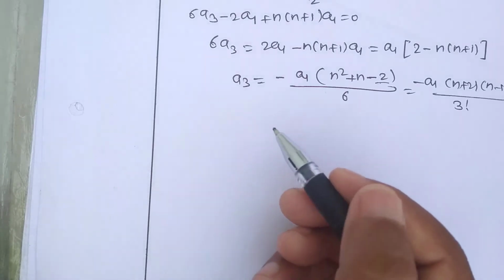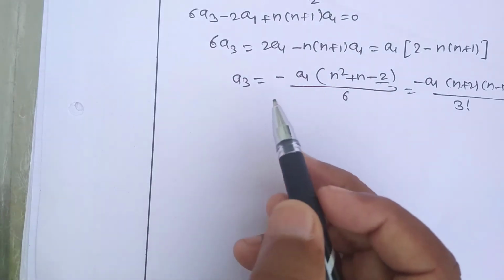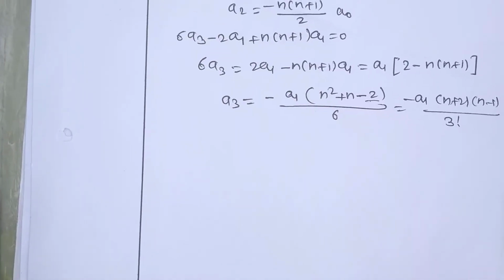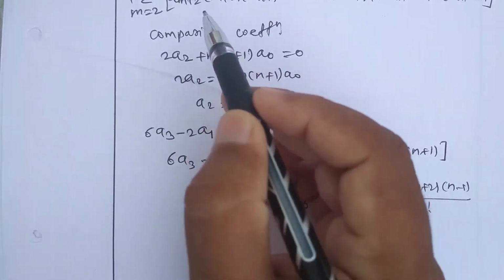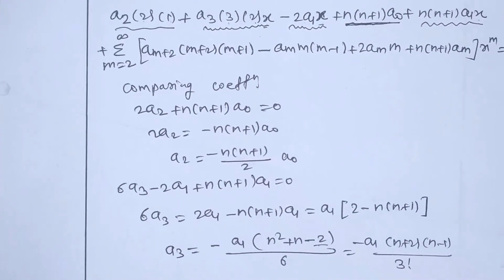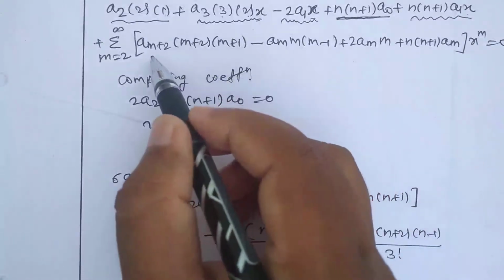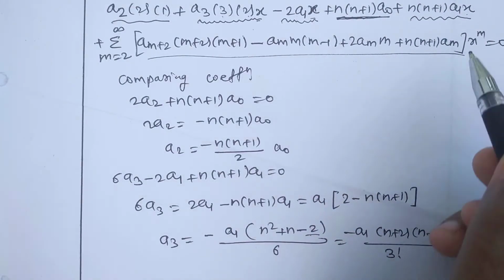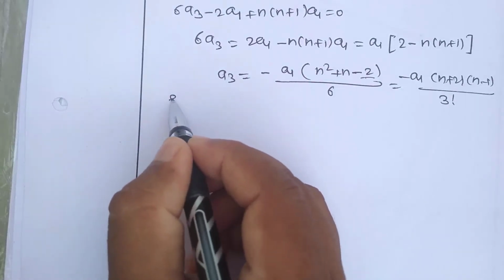Now for the remaining terms, for a4 onwards, we have to calculate the recurrence relation. So the coefficient of x to m, equate this coefficient of x to m to 0 to get a recurrence relation.